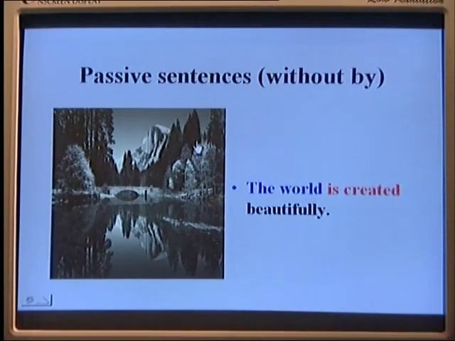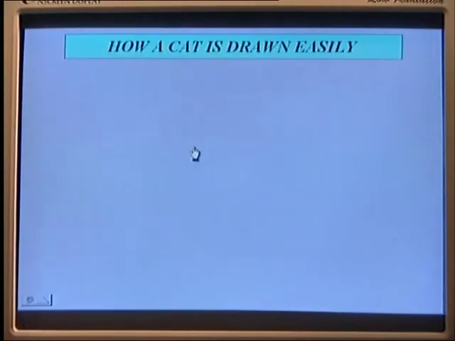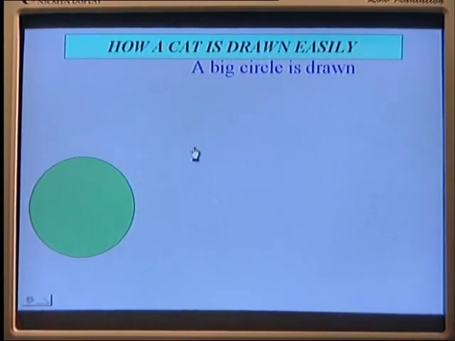Only see, there are certain sentences where you can use passive voice: where the doer is not important, or when the doer is not known, or when the doer is obvious, we can directly use passive sentences. Look at another example, how a cat is drawn easily.